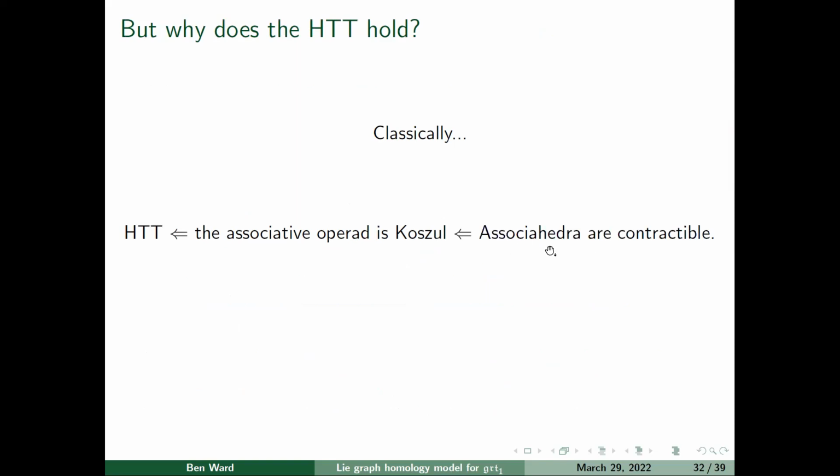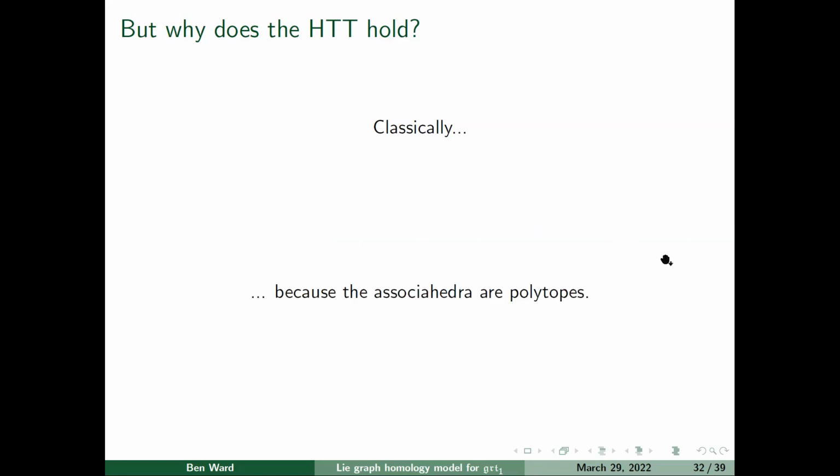It's because these associahedra, which you can get by writing down all possible ways to associate elements, are contractible. So, classically, why the homotopy transfer theorem holds can roughly be reduced to the phrase that associahedra are polytopes. That's why.